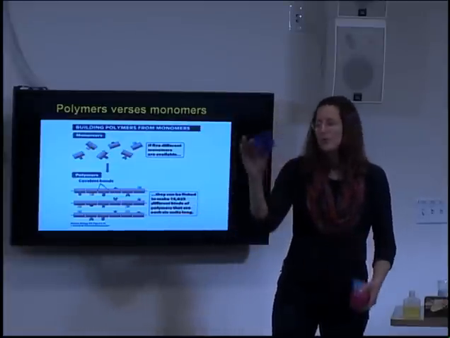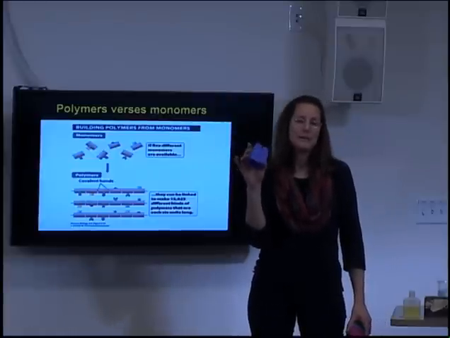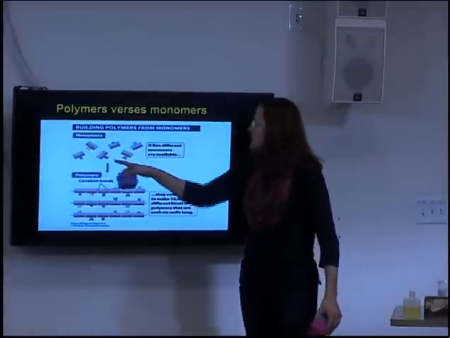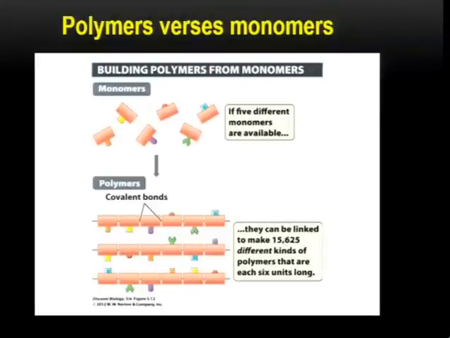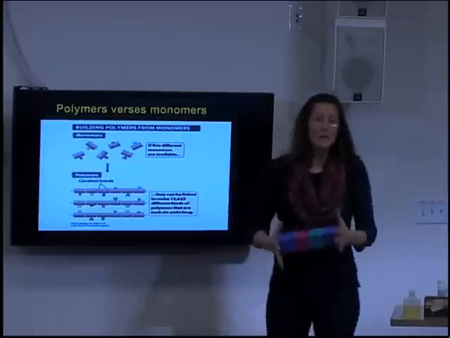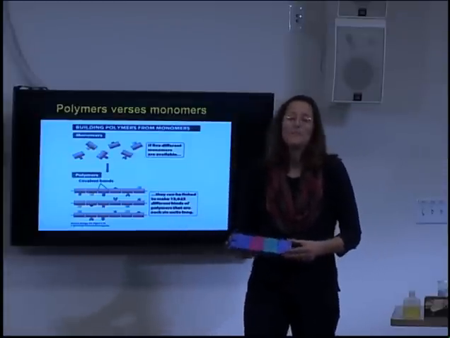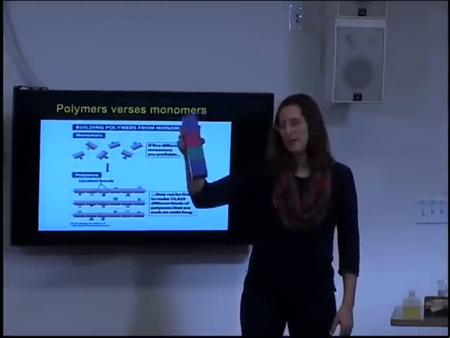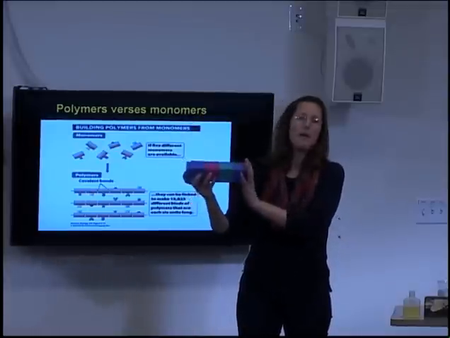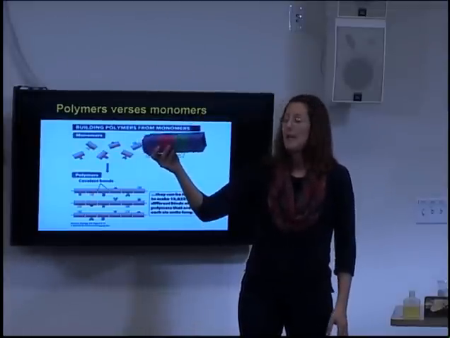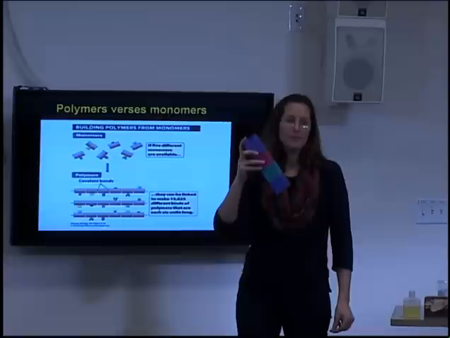The monomers are the individual Lego pieces. And you can see those up here. So these would be individual amino acids or individual monosaccharides. Okay, so why is this important? This is actually a really neat design of living things. If we think about this in humans, if this is a protein that I'm eating, so let's say that this is edamame that has protein in it, and I'm eating that as a part of my dinner.